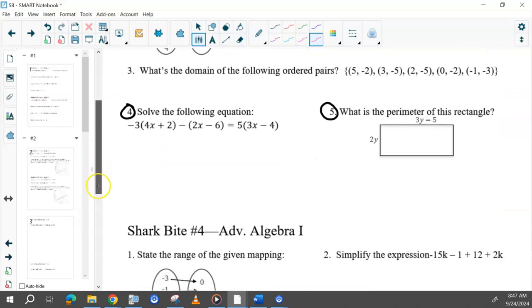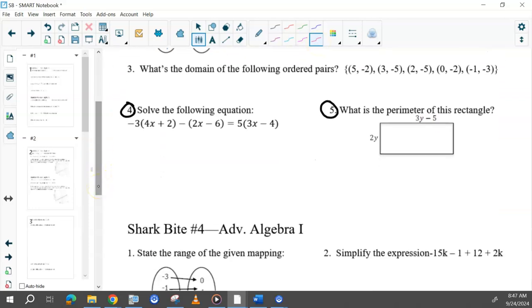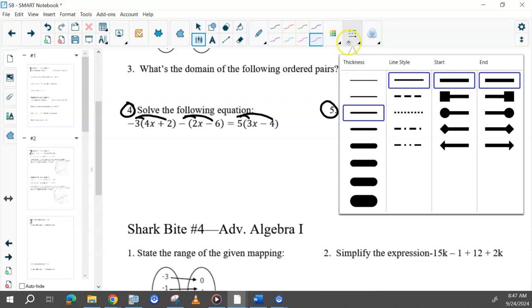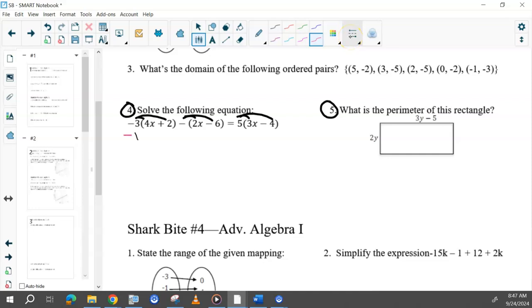Okay. For number 4, we have to solve the following equation, so we can do that first by distributing. So we have negative 12x minus 6 minus 2x plus 6 equals 15x minus 20.